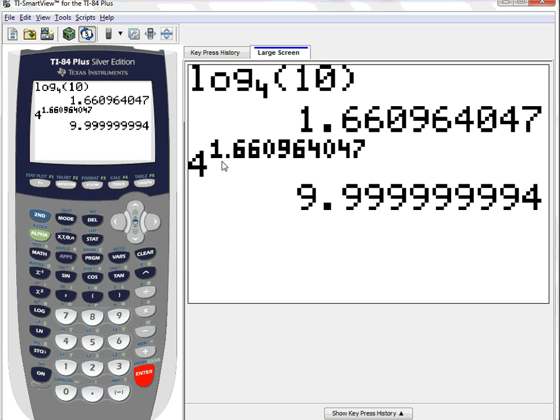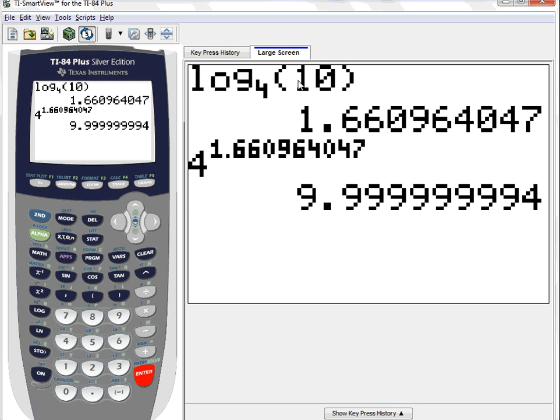So we know that that number is the approximate exponent, the logarithm base 4 of 10. Let me get that right. I'm going to try one more time. This number here, what does it represent? It represents the logarithm, base 4 of 10, the number we raised 4 to get a 10.